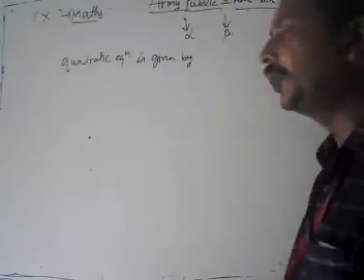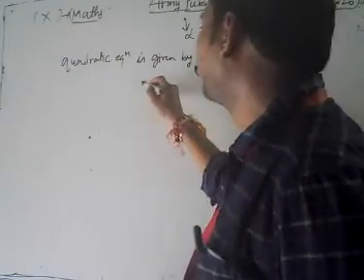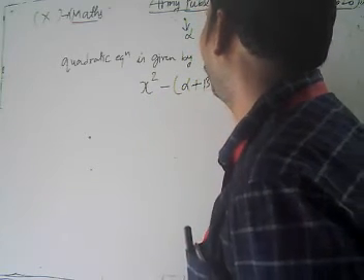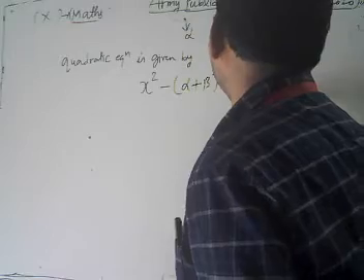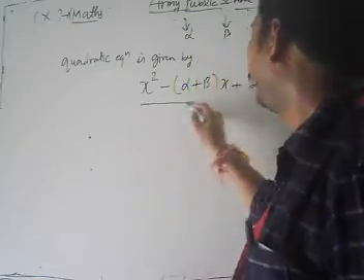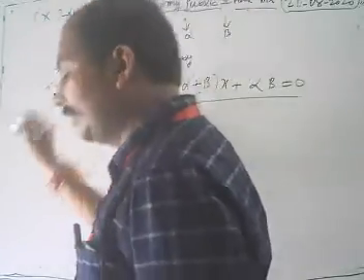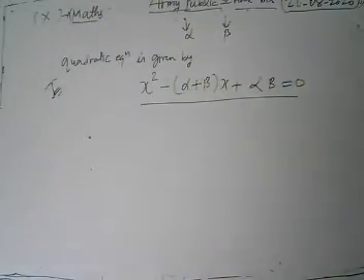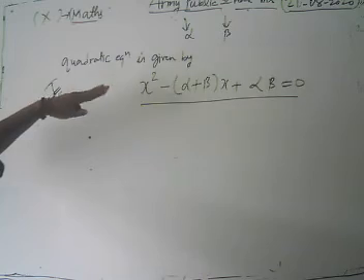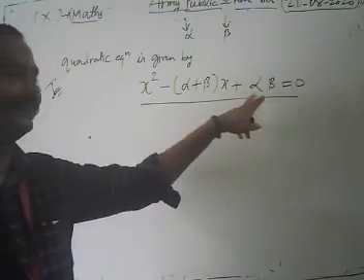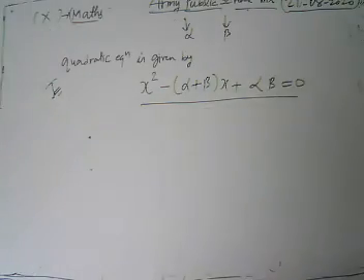We can form it in two ways. In the first form, the equation is x square minus (alpha plus beta)x plus alpha beta equal to 0. This is our first ready-made formula. Whenever we are given two roots alpha and beta, we put the values of alpha plus beta and alpha beta here, and we get our quadratic equation.